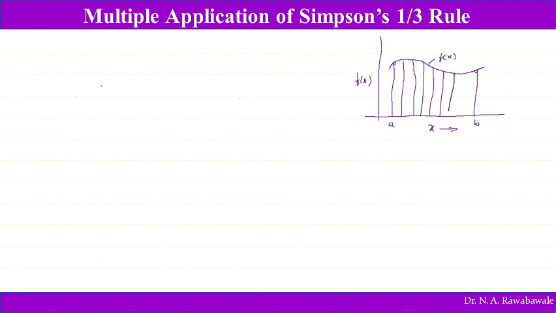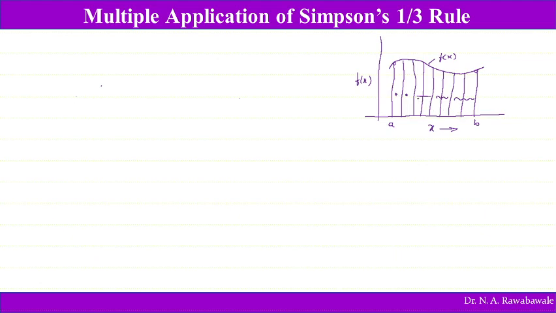Here this is divided into multiple segments. The first 2 segments form one Simpson's 1/3 rule, then this forms the second Simpson's 1/3 rule, then another, and again another Simpson's 1/3 rule.